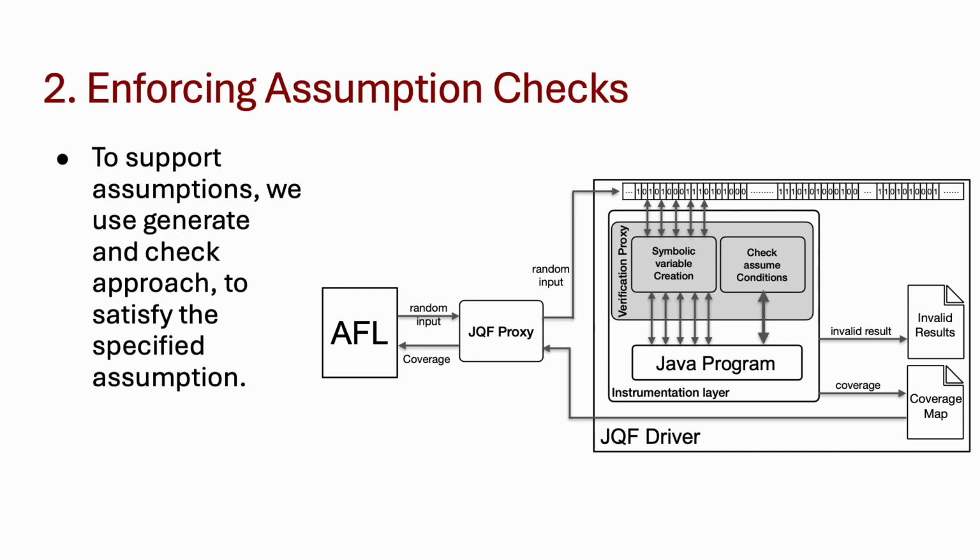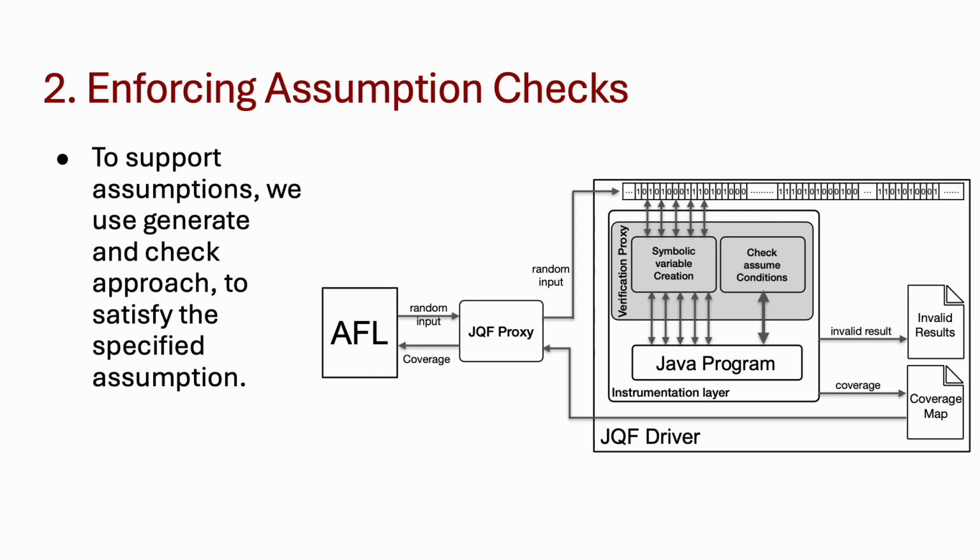So the second component is about enforcing assumption checks, and in this step, in many cases in the program that we want to prove or disprove some property about, we want to constrain the input with some condition. To handle those conditions for the fuzzer, we use the generate and check approach.